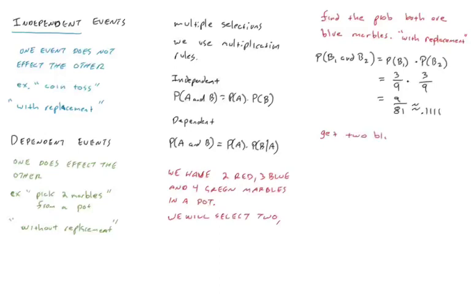Let's go ahead and try the other case. Let's get 2 blue marbles here without replacement. So this time we're not going to put it back. So probability that the first marble is blue and the second marble is blue is going to equal the probability the first marble is blue times, we're using the multiplication rule because of multiple selections, the probability that the second marble is blue given I already selected a blue marble on the first try.